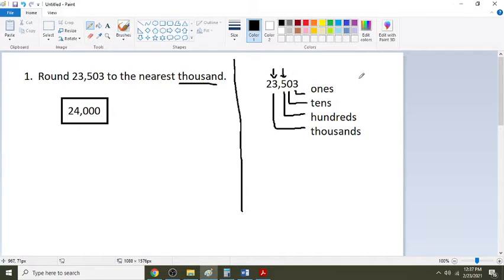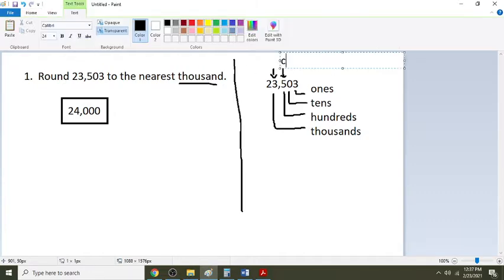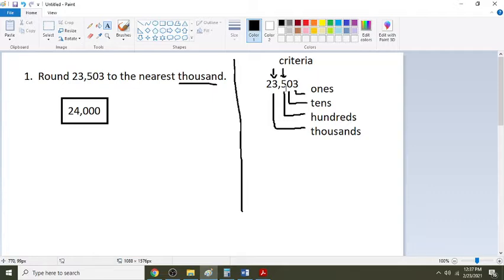This is the criteria digit. If the criteria digit for increasing or maintaining the digit to be rounded off is 5 or greater, you add 1. Otherwise, just keep it that way.